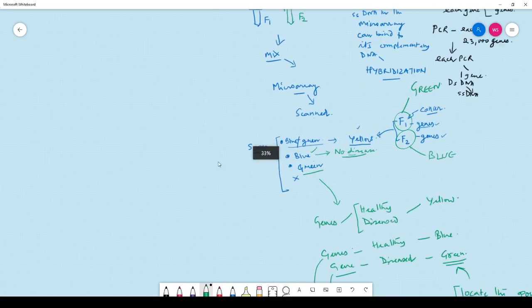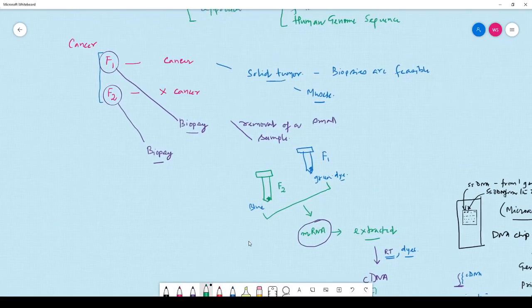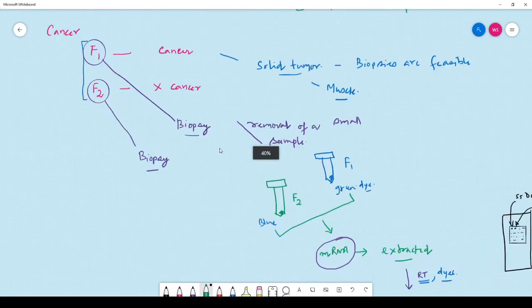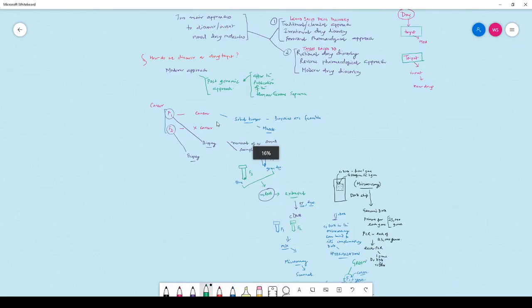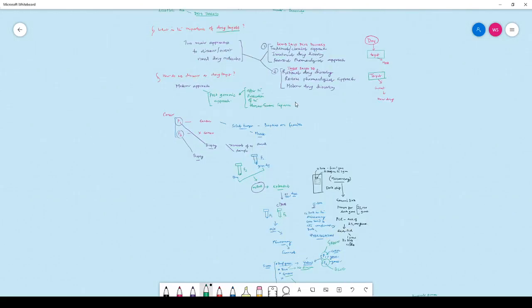So that is why we need to discover targets. Okay, so the next question that we are asking ourselves is, what is the importance of knowing the drug target?